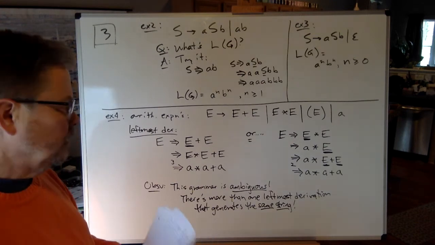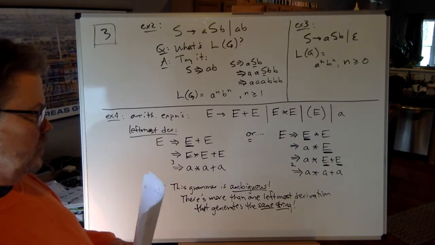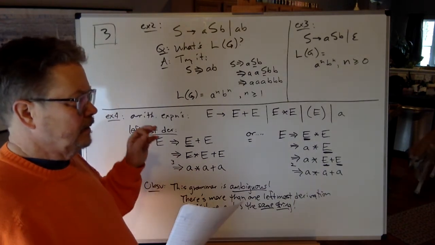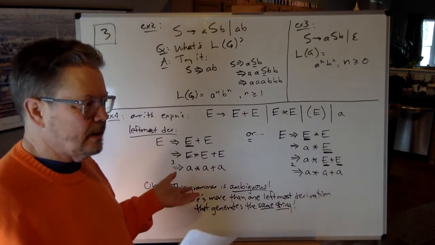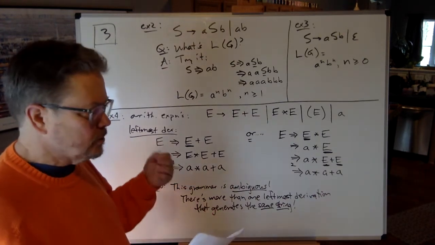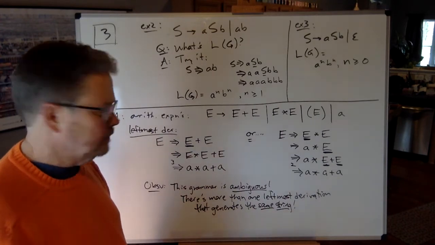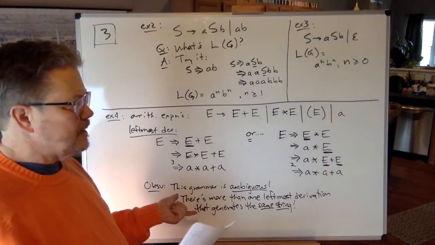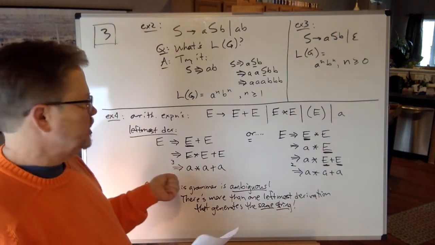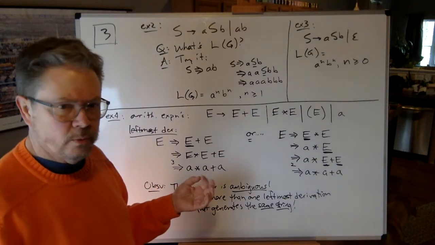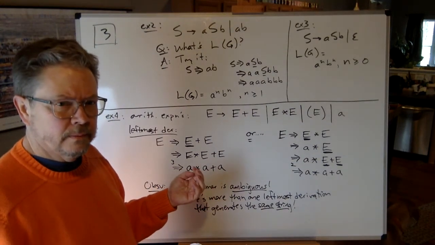Why? Where we're going with this is we're going to be looking at context-free grammars that generate either simple computer languages or maybe the whole real thing. Maybe we'll just look at a grammar that generates the C language. If there's more than one way to generate an arithmetic expression, that means there's more than one way to evaluate it.